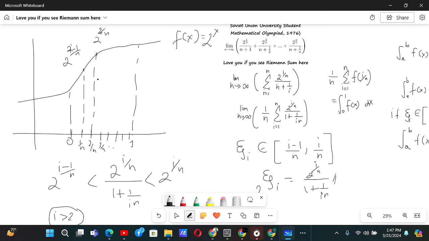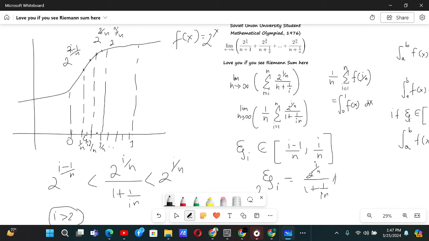Now if I always prove that this value is always over here, such that there is a chi of I, not just for these, also for 2 and 3. If this is 2 to the power 2 by n, this is 2 to the power 3 by n. Now 2 to the power 3 by n by 1 plus 1 by 3 times n, this value will always be between these.